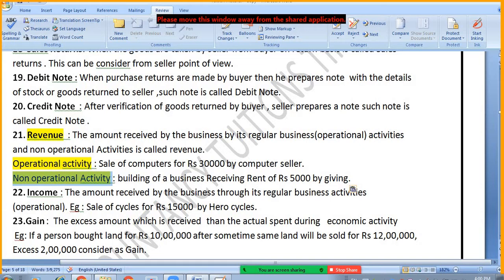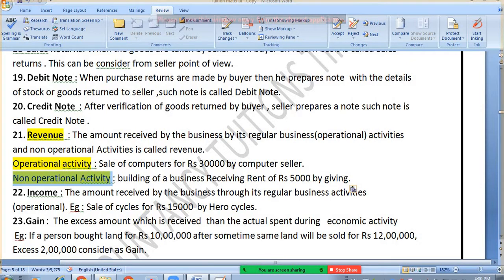Now the bank will give interest to Reliance Industries. So the interest they receive from the bank deposits can be considered a non-operational activity, because it is not their regular business activity.